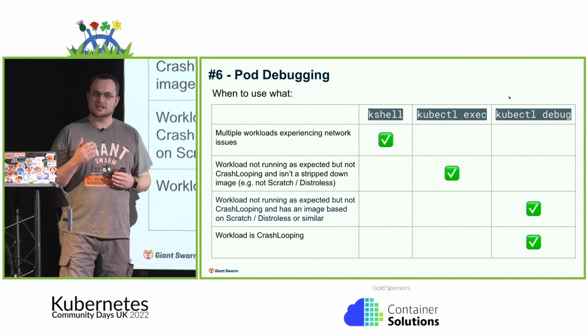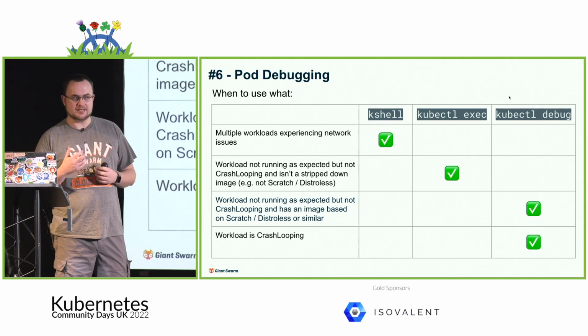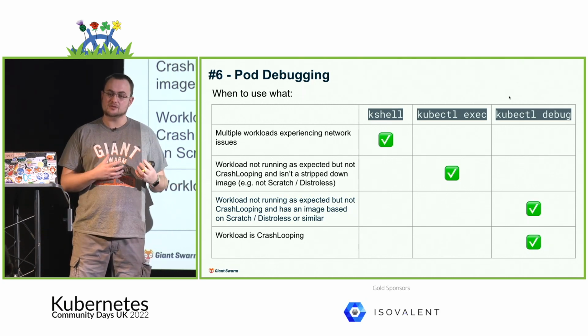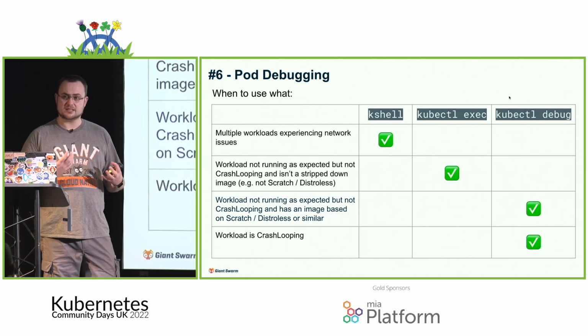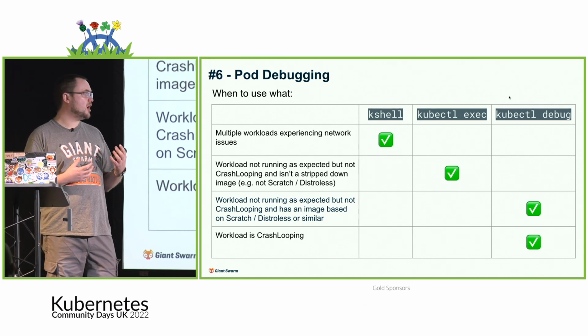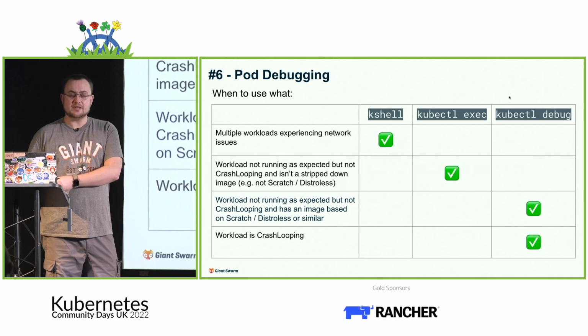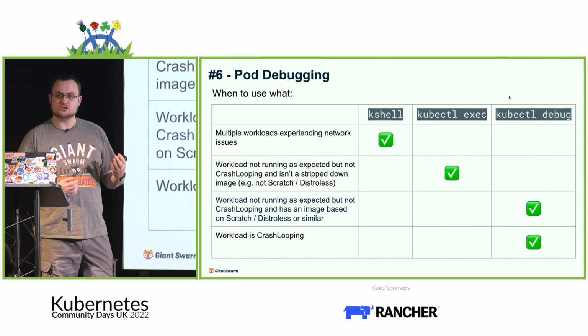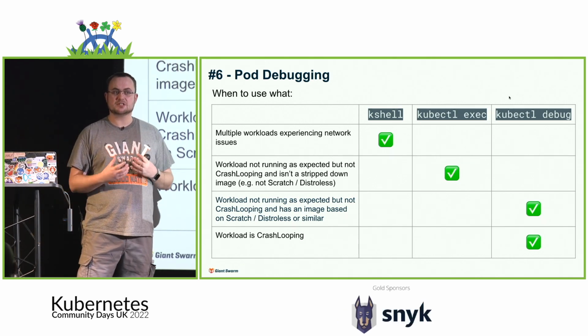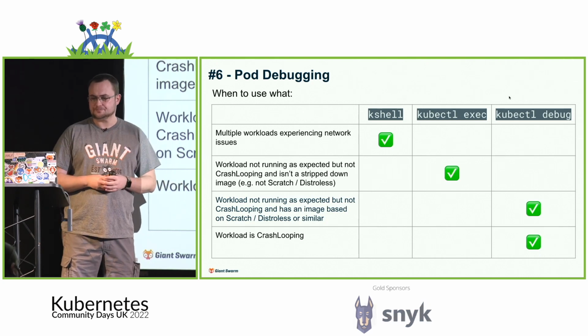If it's a particular workload that is failing, and it's a workload that has an environment you can drop into, so something that has a shell, for example a Node.js application, I recommend using kubectl exec, so you can drop straight in there and have a poke around, see what's going on with that specific workload.